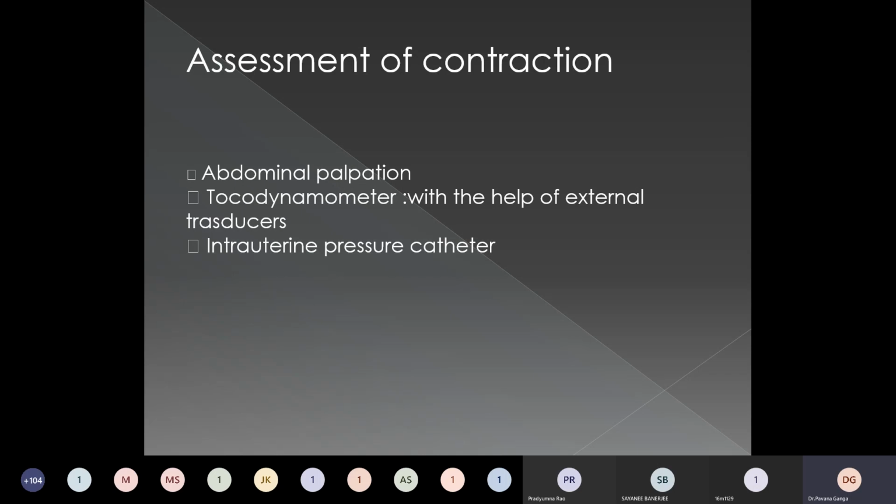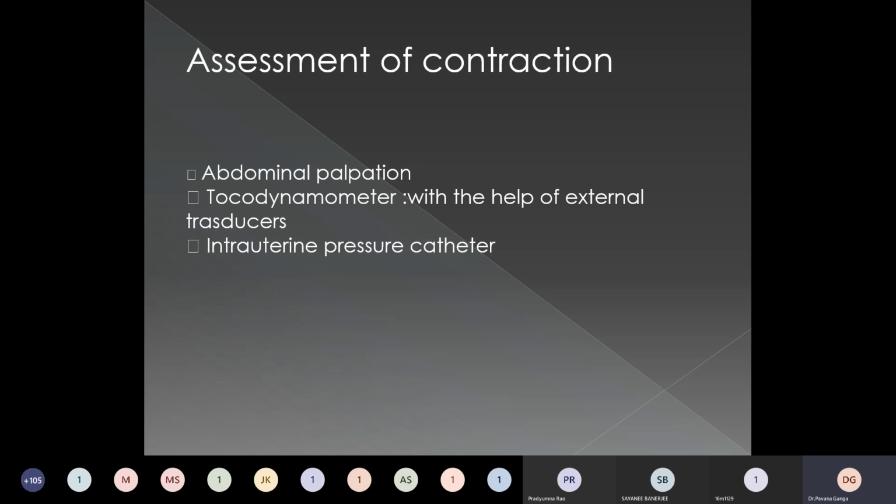So next, coming to how will you assess the uterine contraction? When you palpate the abdomen, you feel that the uterus is very well contracted. The fundal region will be hard in consistency. You will not be able to indent your finger, but it will be an intermittent one.